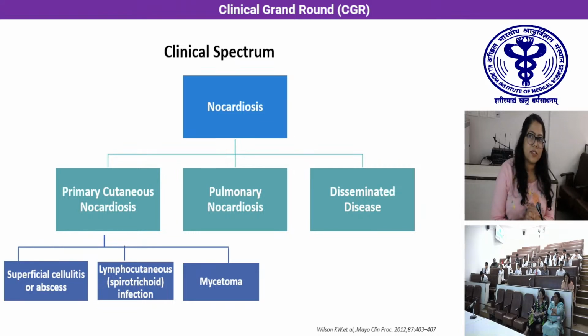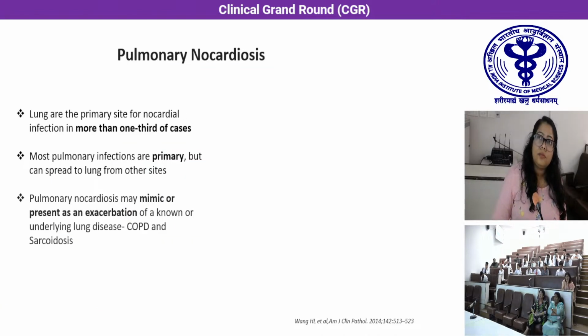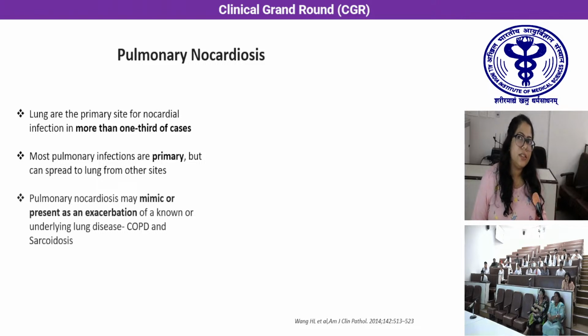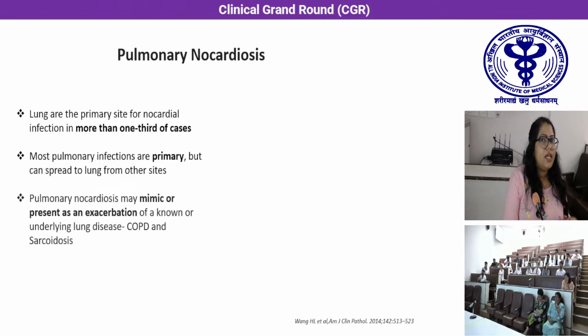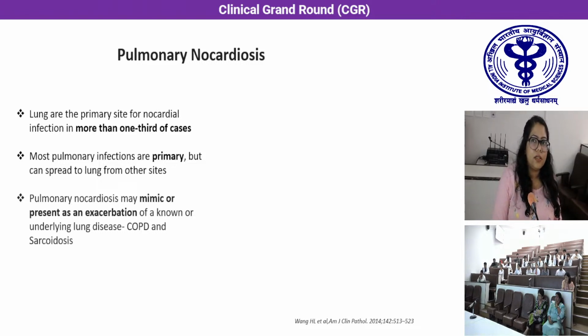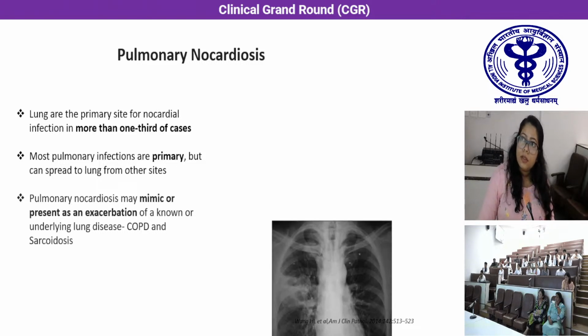Coming to the clinical spectrum, it can be primary cutaneous nocardiosis, pulmonary, or disseminated nocardiosis. The lungs are the primary site of nocardial infection in more than one third of the cases. Most of these pulmonary infections are primary, and from the lungs they can spread to other sites, the major site being the brain. Pulmonary nocardiasis can mimic, or even present as, an exacerbation of an underlying disease such as COPD or sarcoidosis.